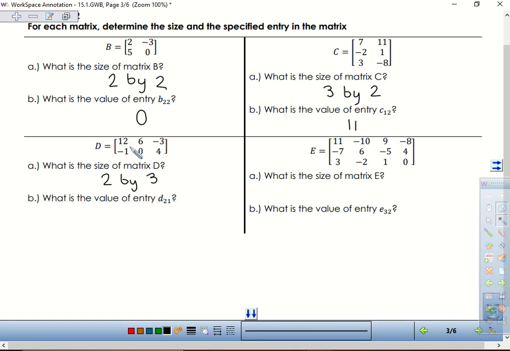Yep, it's going to be second row, first column, -1. What is the size of matrix E? 3 by 4. Good, 3 by 4. And the value of e32? -2. Yep, so that's going to be third row, second column, so -2.